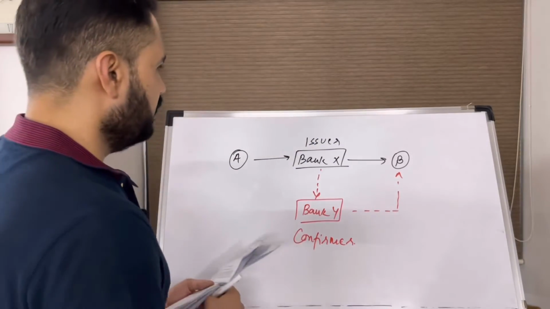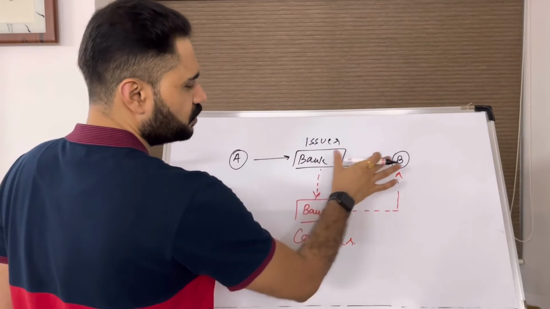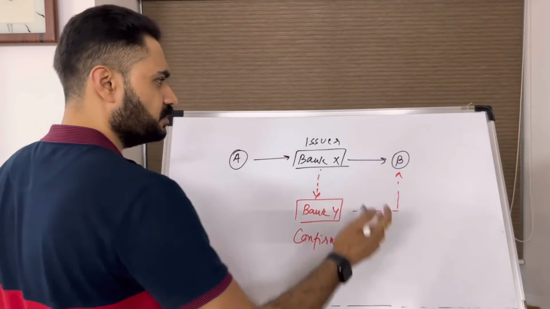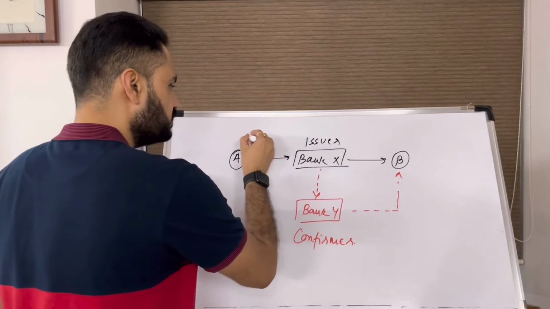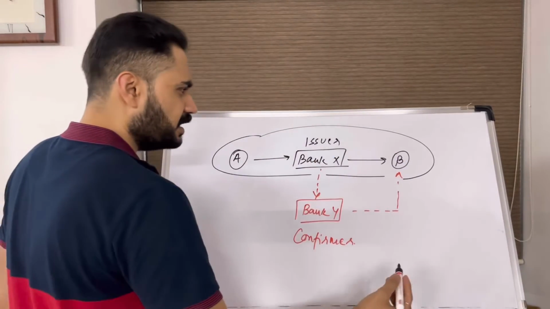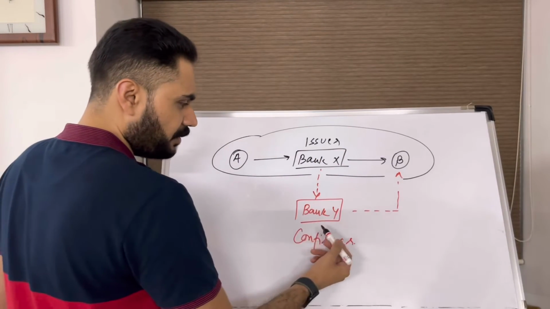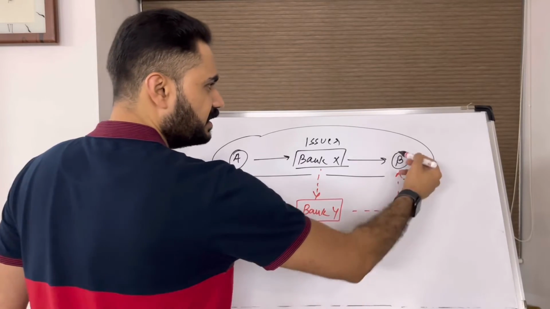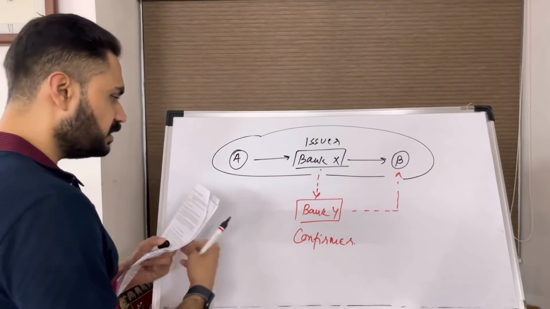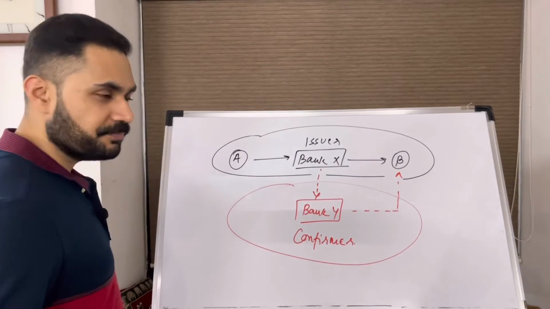Next is 3.04, which deals with where and to whom the presentation is to be made. Now we have an example. A requested bank X to issue the undertaking to the beneficiary. So one way is this direct issuance. Another case wherein bank X sent the undertaking to bank Y, which added the confirmation and sent the undertaking to B. So this is another way in which the undertaking was issued.